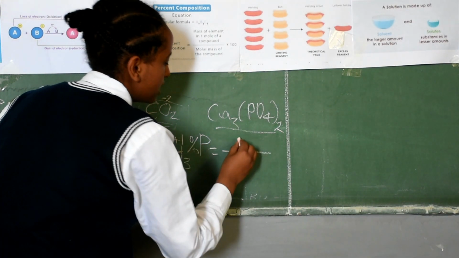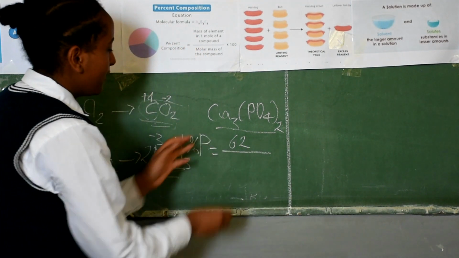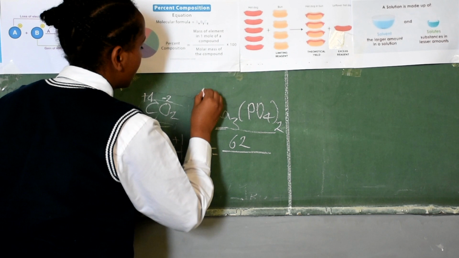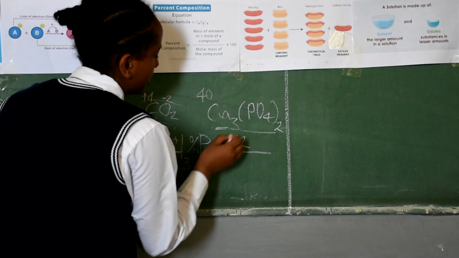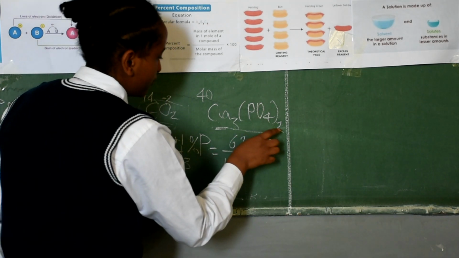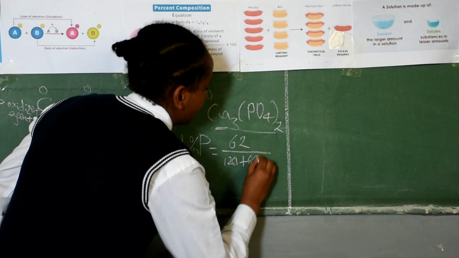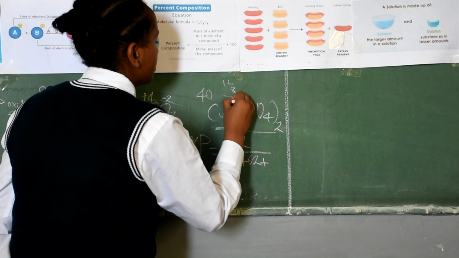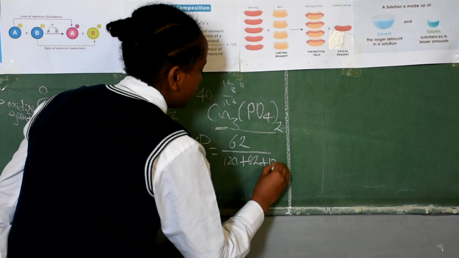31 times 2 is 62, divided by the molar mass of the compound. Calcium has a molar mass of 40, and 40 times 3 is 120. 120 plus phosphorus, which has 62 molar mass here, and 8 times 16 is 128.